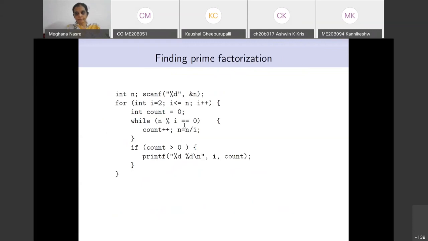But suppose n isn't prime, right? And suppose it's 4, then it'll go into the loop. i will be 4. 4 is less than or equal to 4. Go into the loop. Count will be 0. Then while n percentage i equal to 0, then 4 will divide 4. So just go slow, right? That is why I made this point.